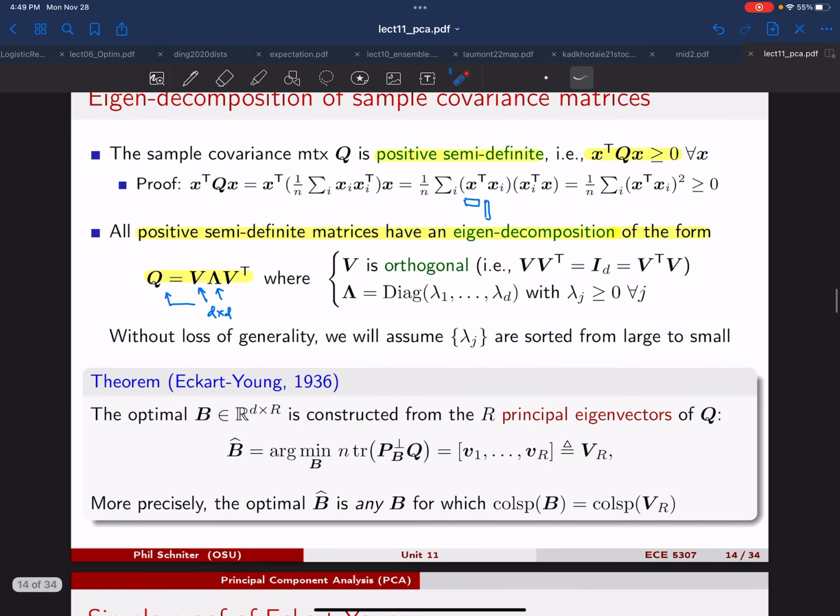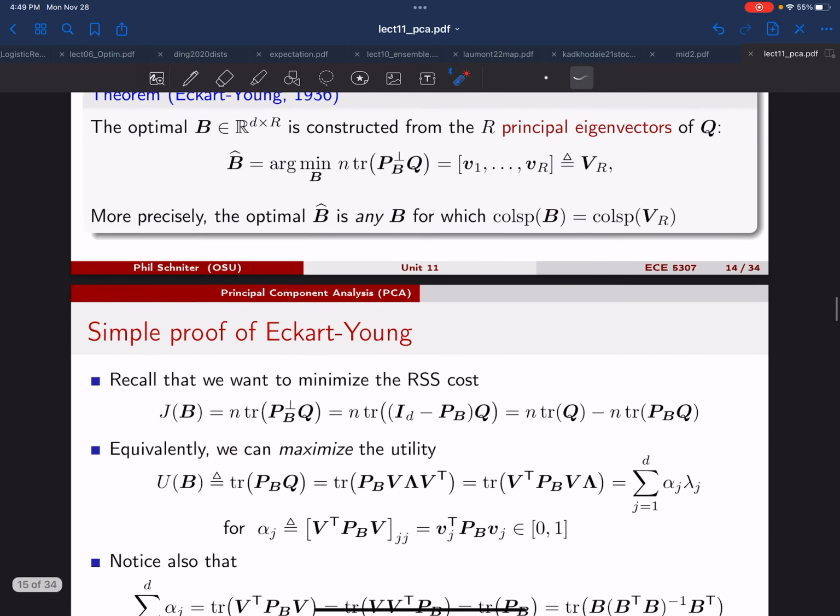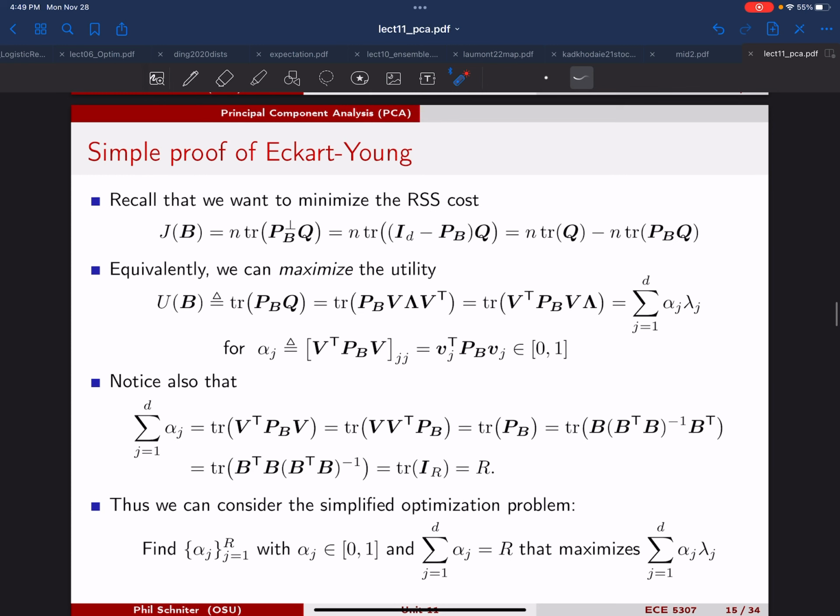Okay, so the last stage of the proof is to convince you that this is true. So here's a relatively simple proof of Eckart-Young. So again, this is our objective. We want to minimize this guy by choosing B. And we can plug in the definition of this PB perp as I minus PB.